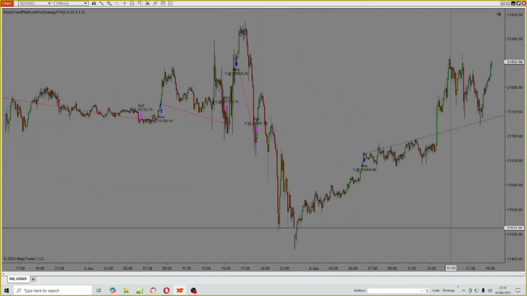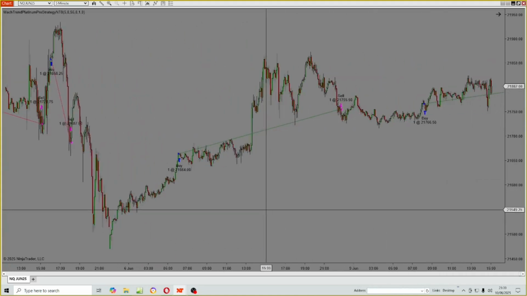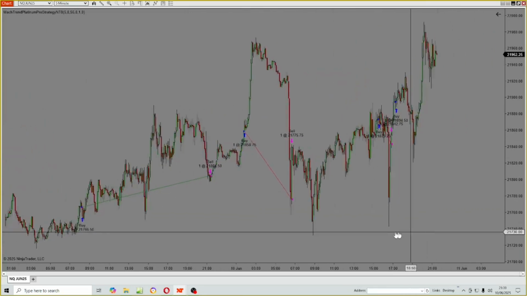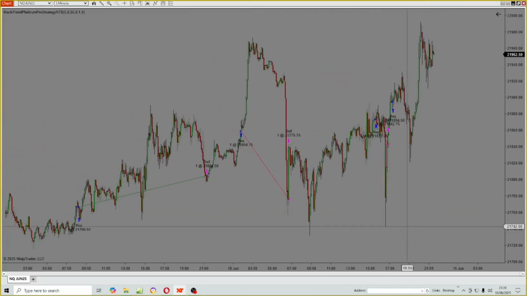With this strategy, as with the other trend following products on my site, one of the very important things, not the most important, is to spend time on market selection, and not just market selection but time frame selection.